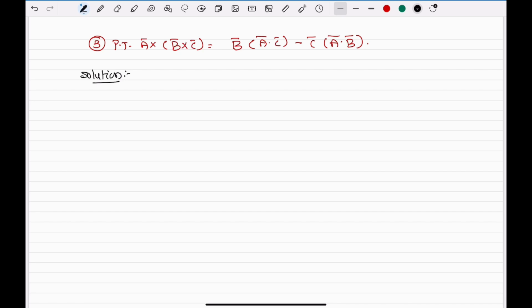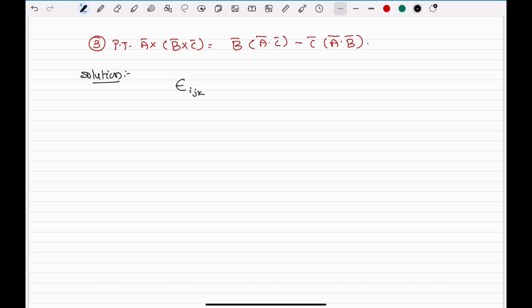From the definitions, here we have to use the equation epsilon ijk, it can be pq or lmn, mnp, xyz, anything.